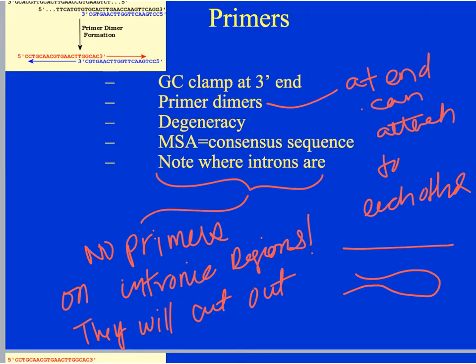So it's important to know where your introns are. And if you want to make my life easy when I'm grading these, you will point out where your introns are in your sequence and say, I did not put my primer there.